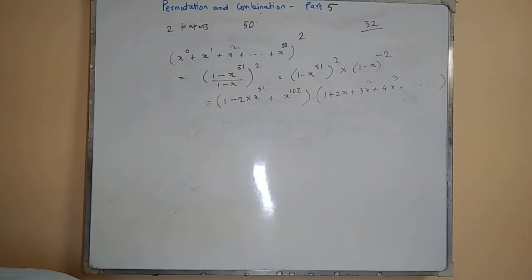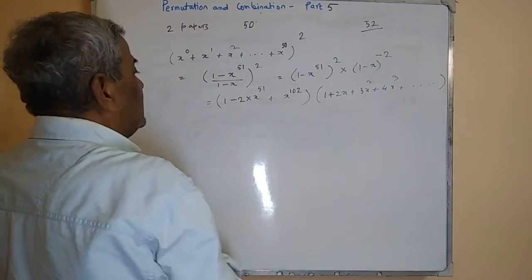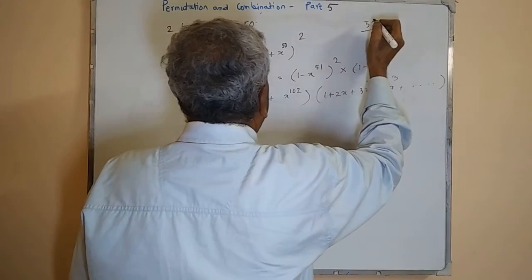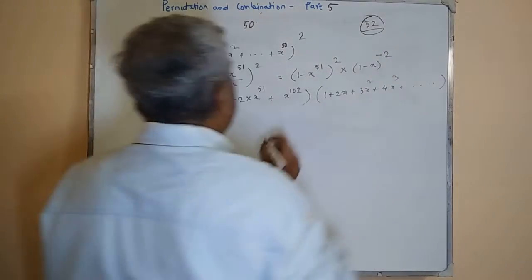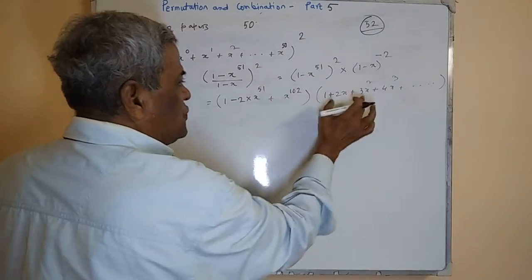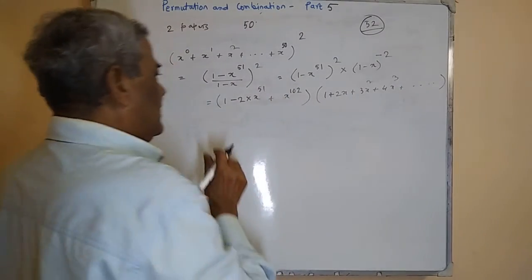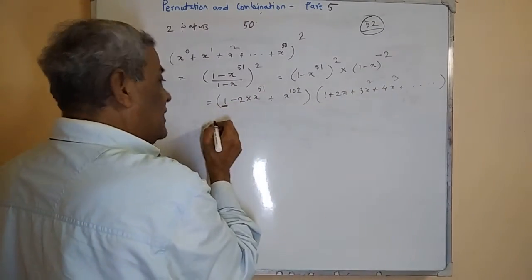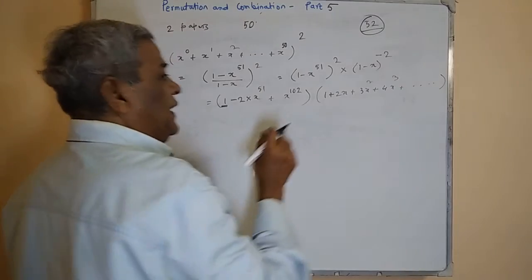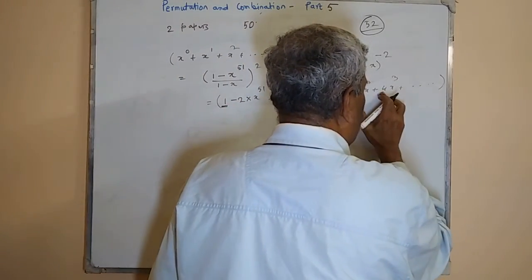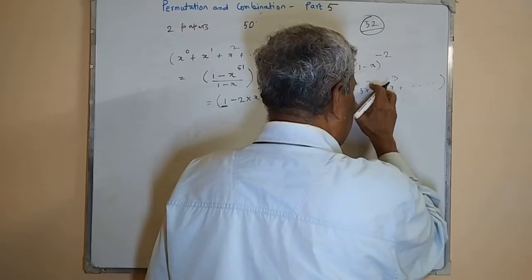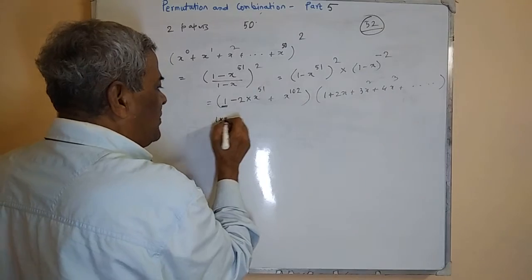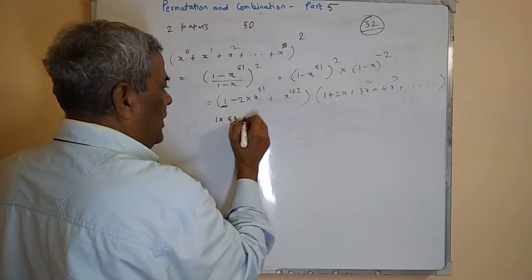Next, how to calculate it. From that we have to calculate the coefficient of x to the power 52. If I multiply 1 with that, the coefficient of x cube is 4, one more than the power, and x squared is 3. So for x^52 it is 1 into 53.